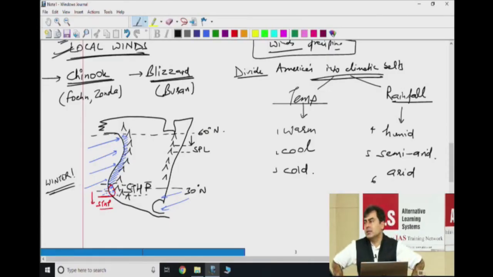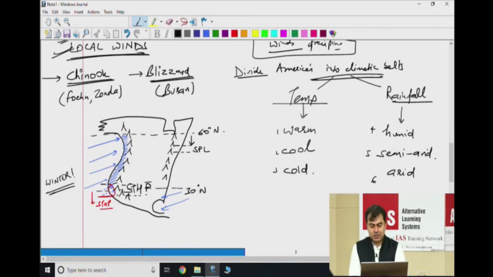In the winters, something special happened on the western coast of North America, that because of the shift of the belt, a region which was never coming under westerlies is now coming under westerlies, and it is causing rain. Such a rain which happens in winter, which is a rarity, is happening because of the shift of belts, and such a rain is called Mediterranean rain, and that is called Mediterranean climate. Do we get that? Perfect.